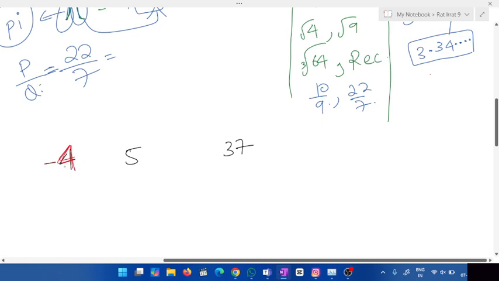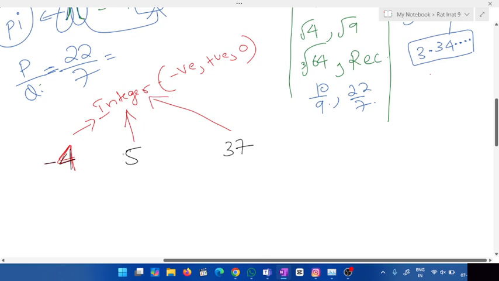They are 100% rational. -4, integer, right? Can I call them integer? What do you mean by integer, students? Integer will have negative, positive, and 0. All three together. Even 0 comes under integer. What about 5? Can I call it a positive integer? Yes. 37 is also integer? Yes, I can call all three integer.